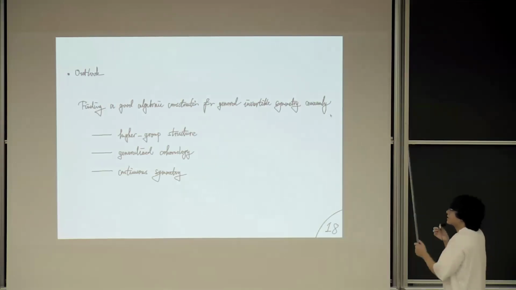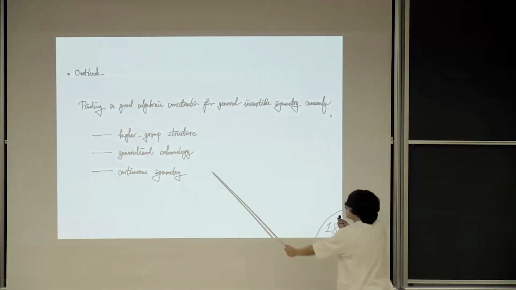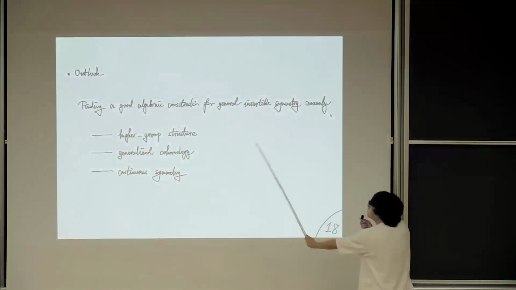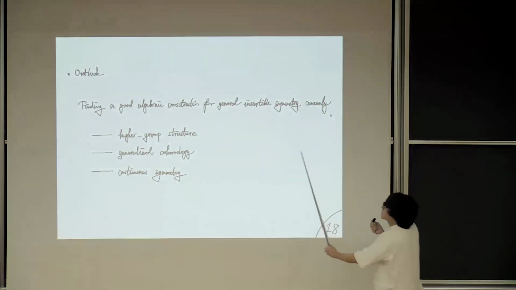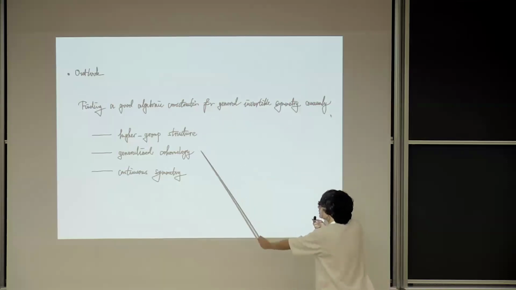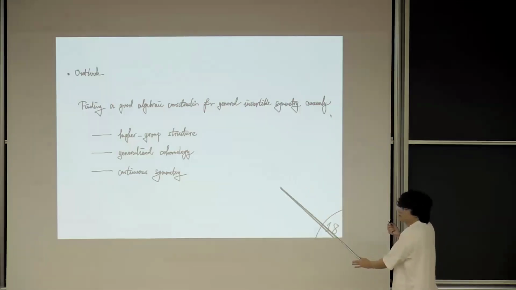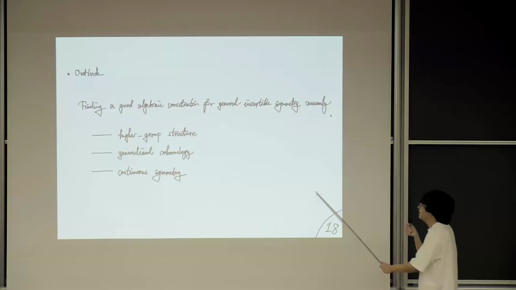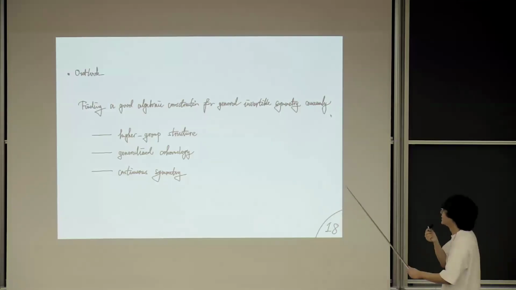As I said at the end of the introduction, my general purpose is to try to find a good algebraic construction for general invertible symmetry anomalies, which should include higher group symmetry and generalized cohomology and so on. In this talk, I just took a very, very tiny step to show some interesting structures. I hope this can entertain most of you.